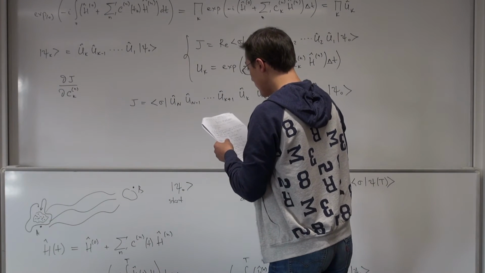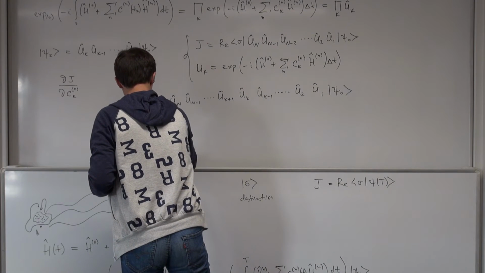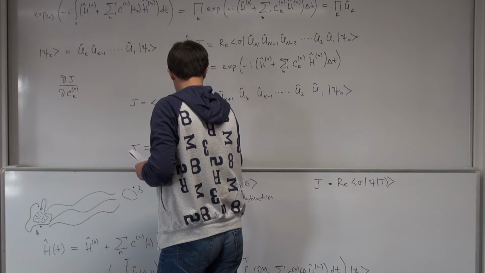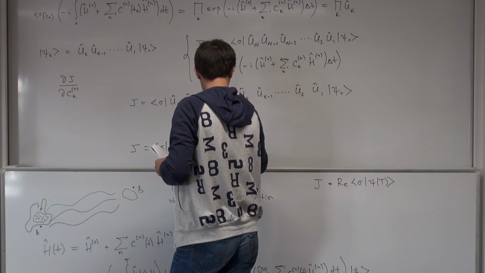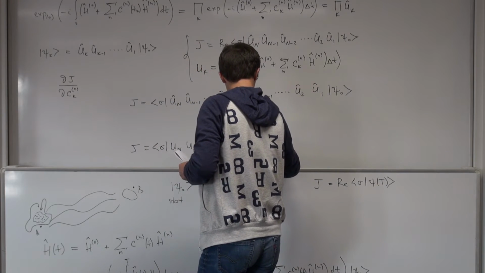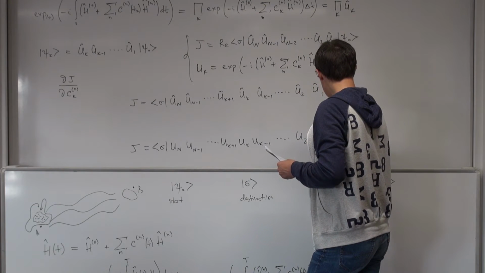And then I will write it underneath again, just for schematic illustration purposes: U_n minus 1, U_k plus 1, U_k minus 1, and so on, U_2, U_1, psi 0.